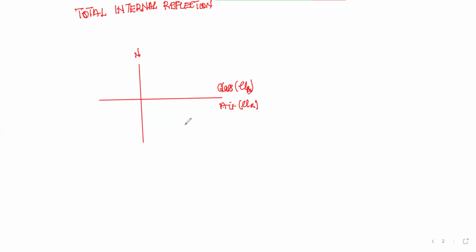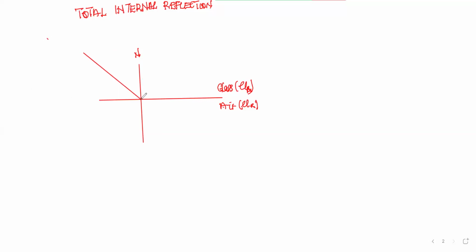The d for the glass means the refractive index of the dense medium. R for the air means the refractive index of the rare medium. Rare also means less dense medium. So to satisfy the condition, light must come from glass and then emerge through air.